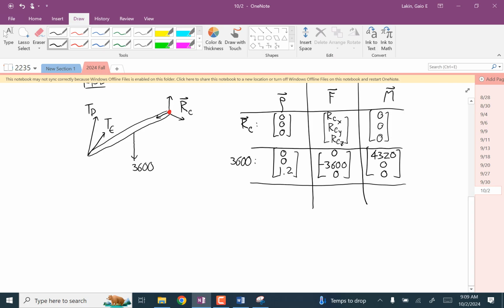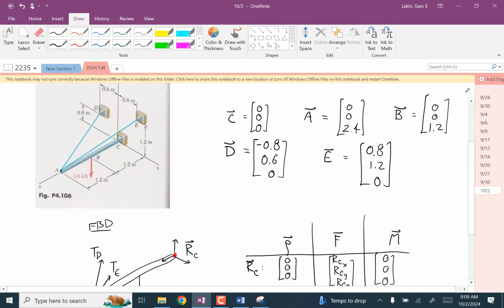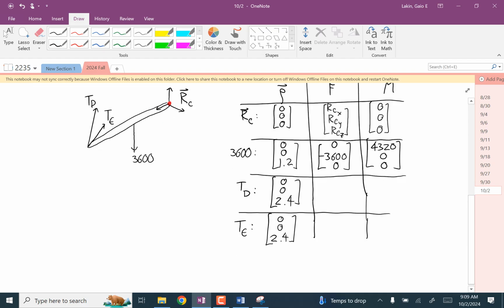And then we have those two cable forces. The rho vector for both of them is just going to be the coordinates of that point A. So 0, 0, 2.4. And then this one is also going to be 0, 0, 2.4. And now we have to do the unit vector thing to figure out what those forces are.